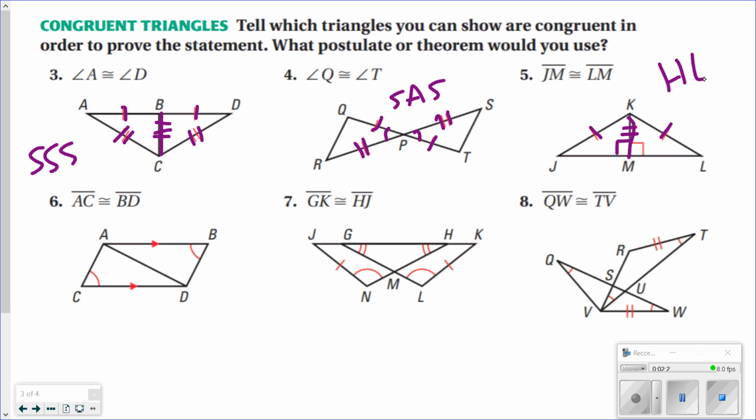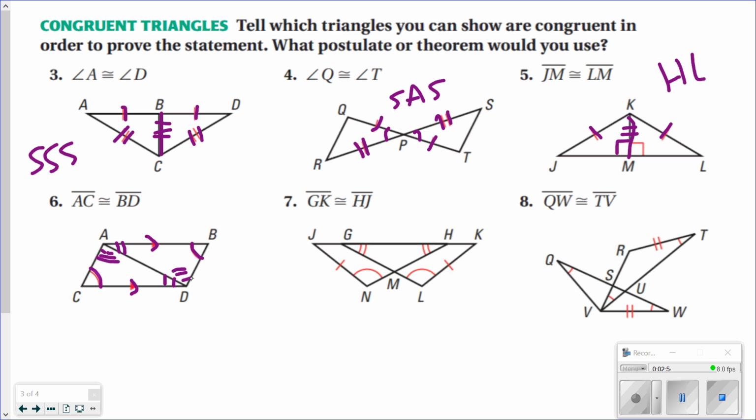Next, I see I have a pair of parallel lines. I also have angles here that are congruent. Now let's go back to the parallel lines. If I have parallel lines, that means I have alternate interior angles that are congruent. So that means that this angle is congruent to this angle, and this angle is congruent to this angle.